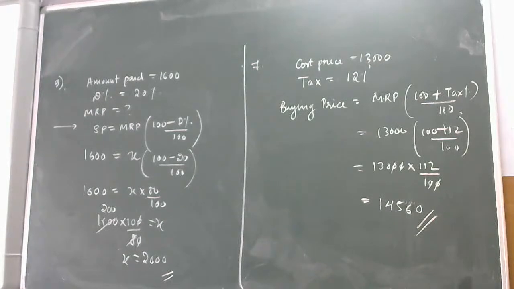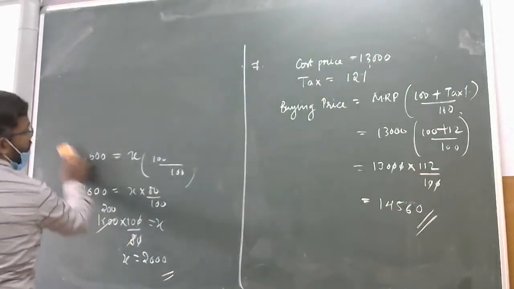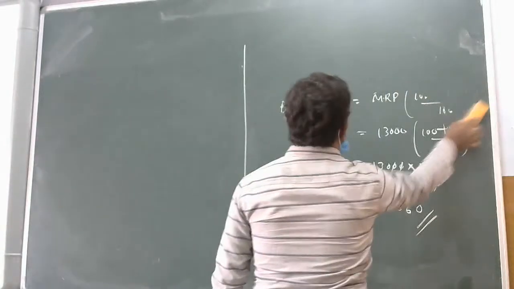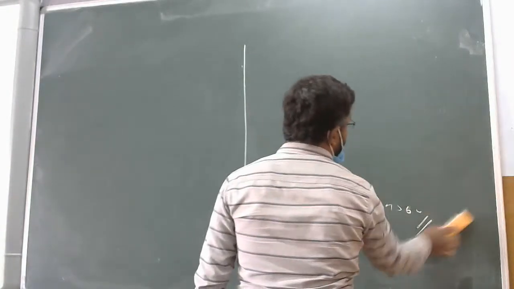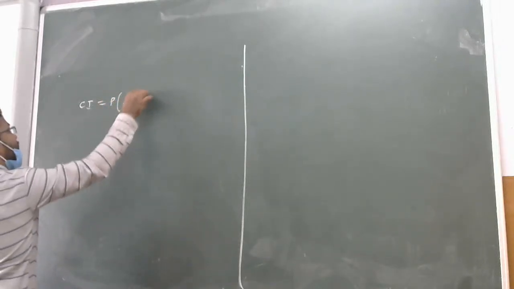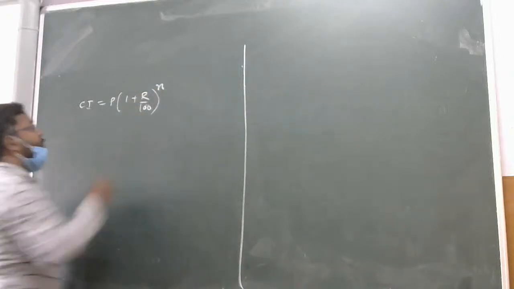Okay. So compound interest. What is the formula for calculating compound interest? Principal into 1 plus r by 100, the power of n. Is it correct?